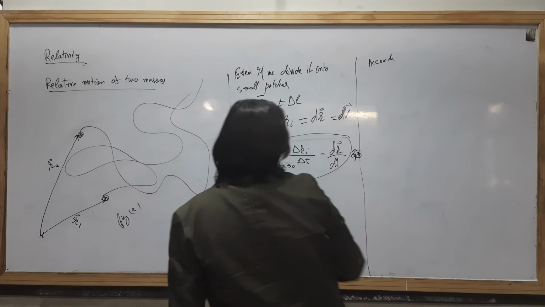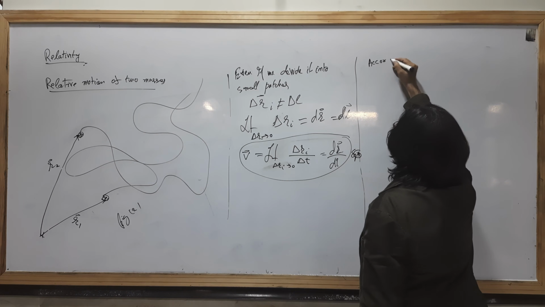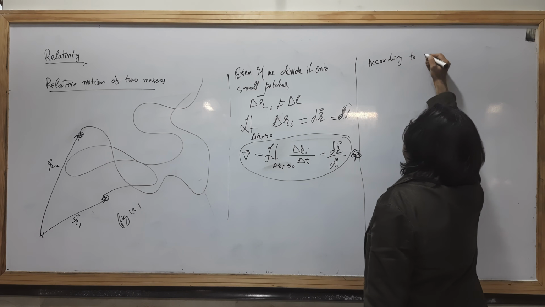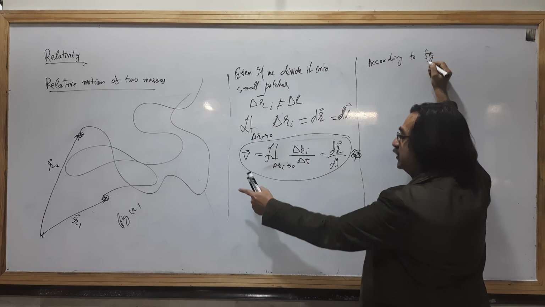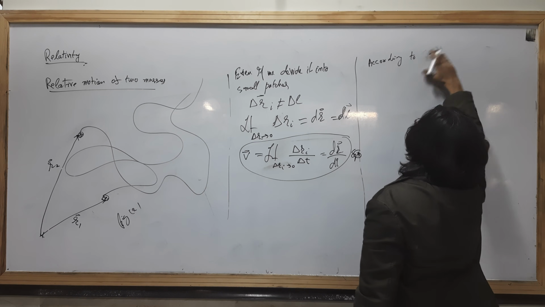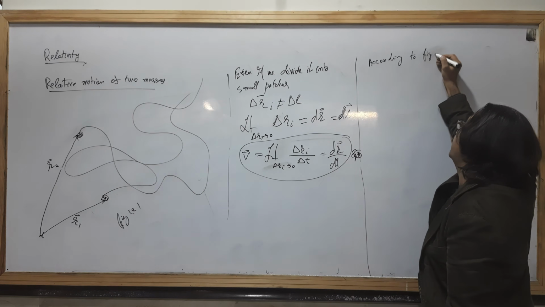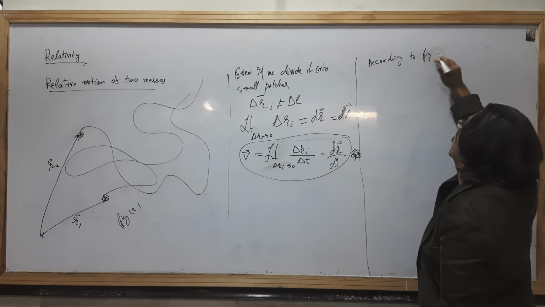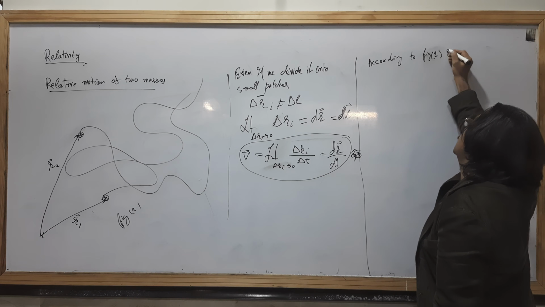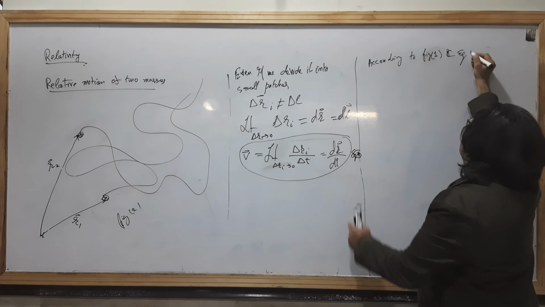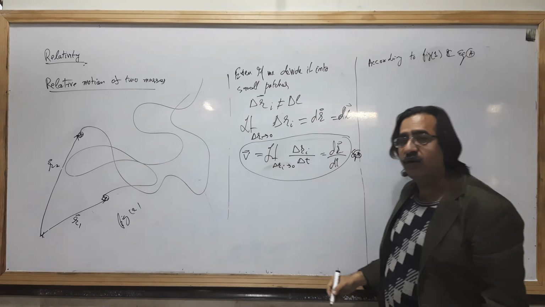According to figure 1, which I have already drawn and erased, and equation A, then according to this formula, the velocity will be the velocity of the first particle.